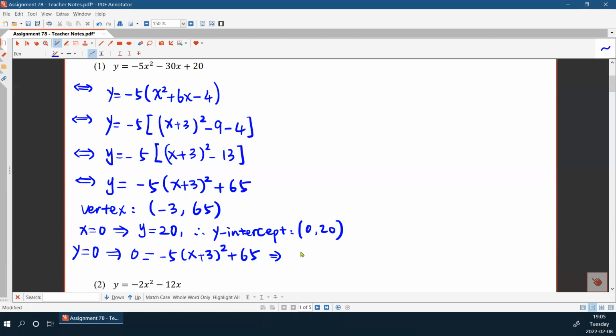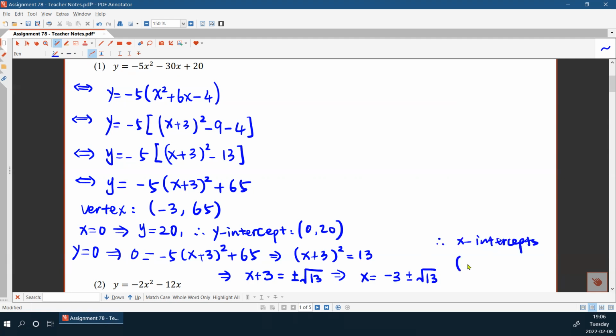This means (x plus 3) squared needs to be positive 13, right? Which means x plus 3 is either positive or negative square root of 13. So there are two roots. x can be -3 plus or minus the square root of 13. And therefore, the two x-intercepts are (-3 minus square root of 13, 0) and (-3 plus square root of 13, 0), right?